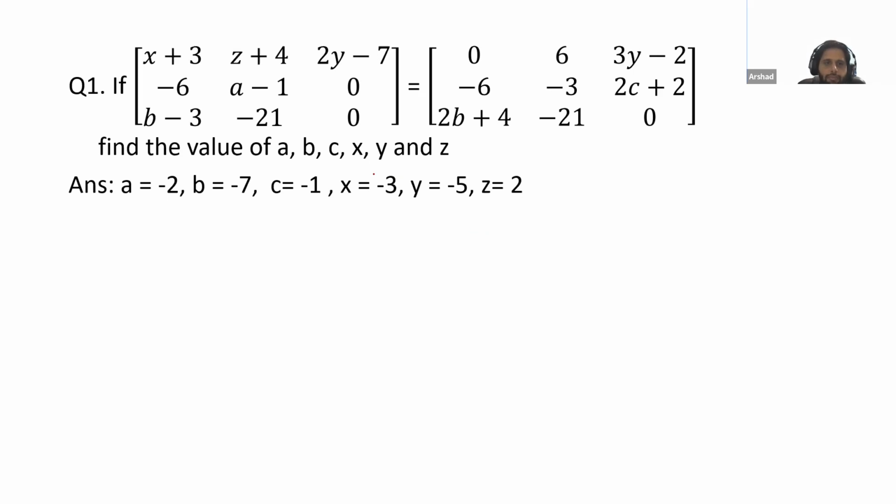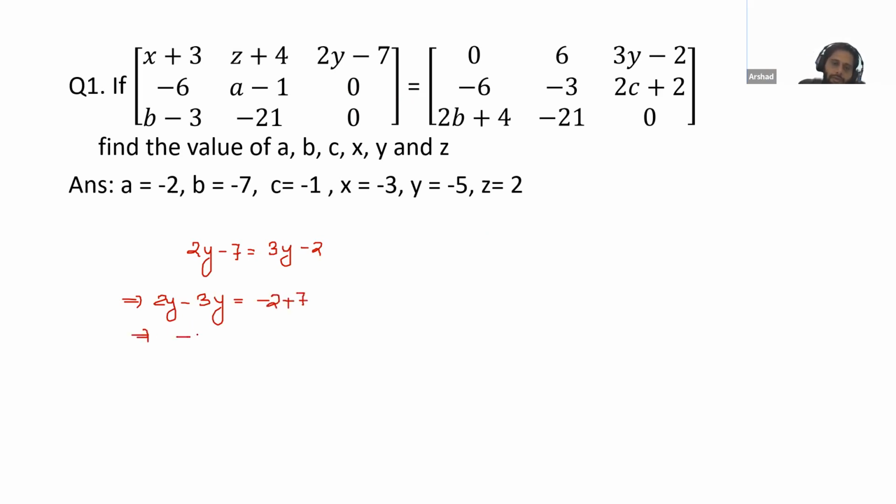For y, 2y minus 7 is equal to 3y minus 2, which gives minus 5. Why is it equal to minus 5? We have this equation, 2y minus 7 is equal to 3y minus 2. So shift this here, 2y minus 3y is equal to minus 2 plus 7.